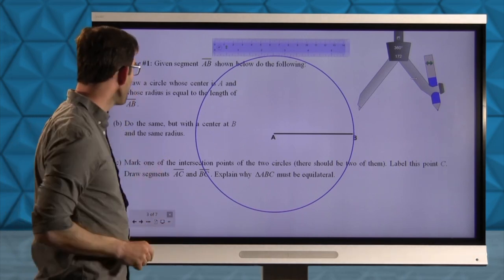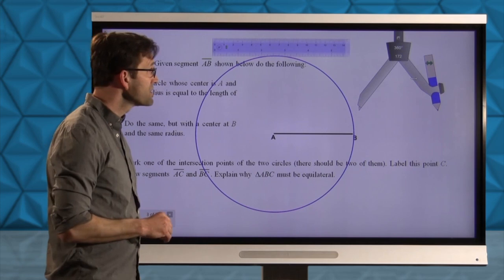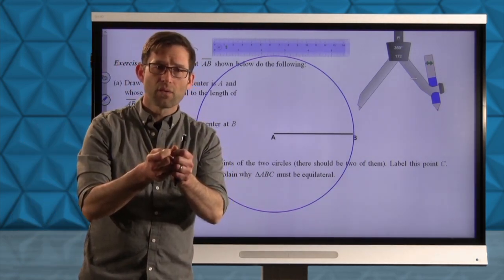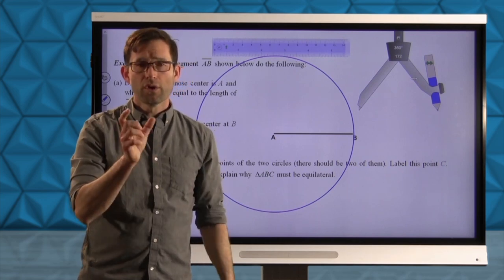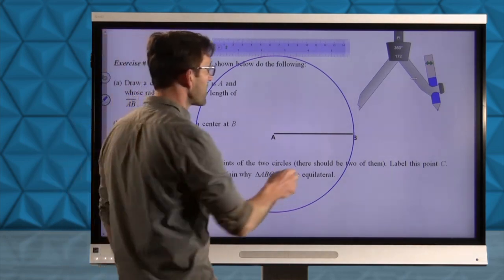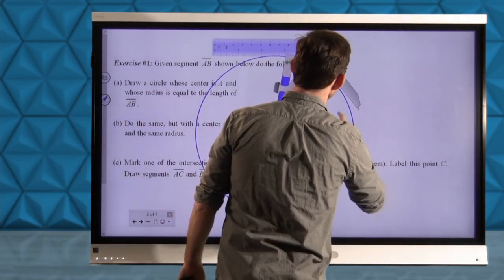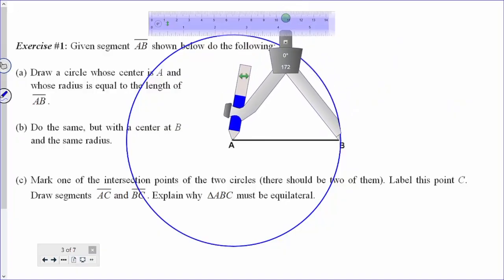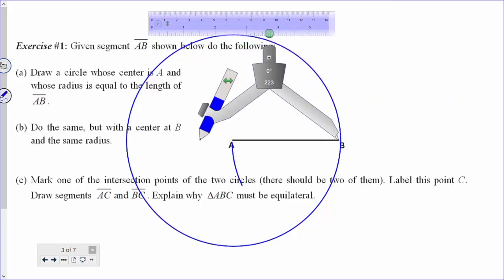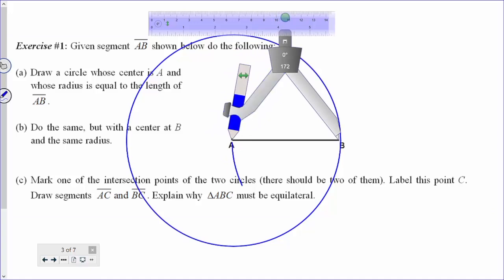Do the same, but with the center at B and the same radius. Now that can be tricky because you might want to fold up your compass really fast. As much as you can, when you're using the same radius more than once, you want to keep the compass at that setting. So I'm going to leave it just like that and switch it around so my pointy end is right here. And then I will draw, whoops, and of course I lost it. That was unfortunate.